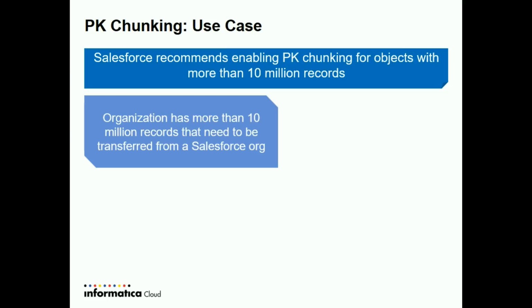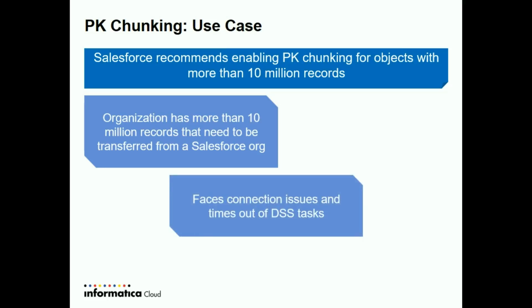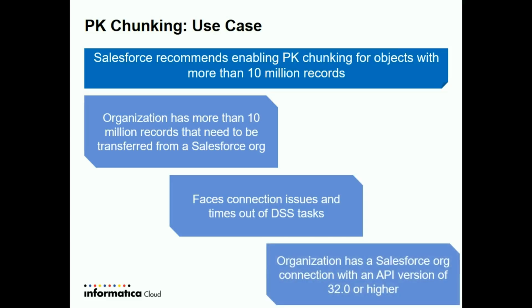The organization faces connection issues and the DSS tasks time out while transferring the records. The organization has a Salesforce org connection with an API version of 32 or higher in Informatica Cloud. This is an ideal situation when the organization can enable PK chunking for their Informatica Cloud org.